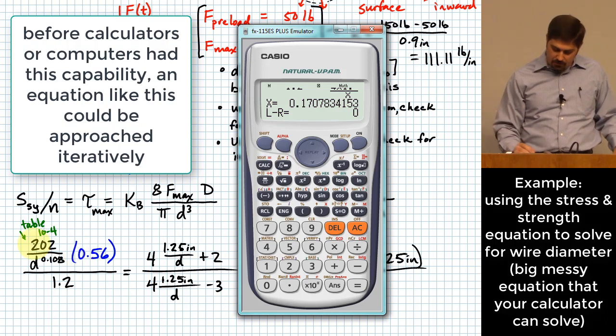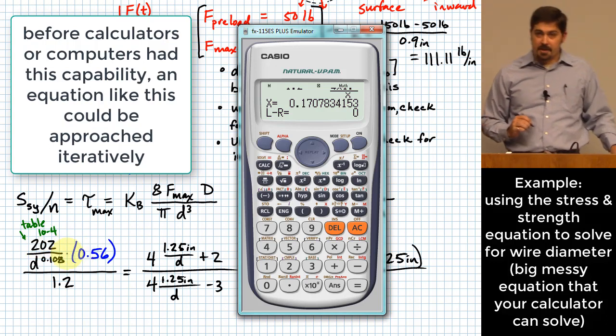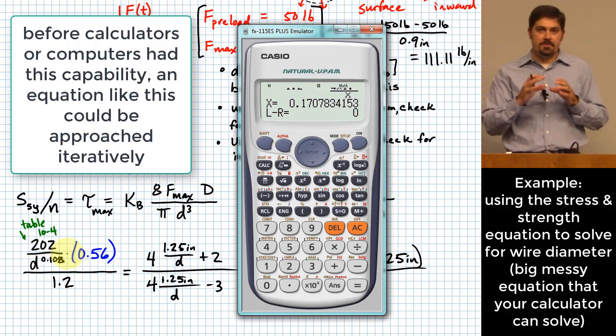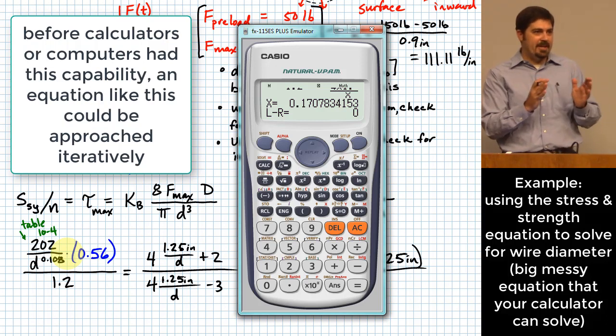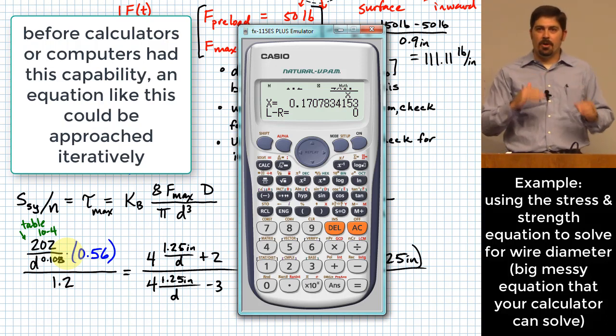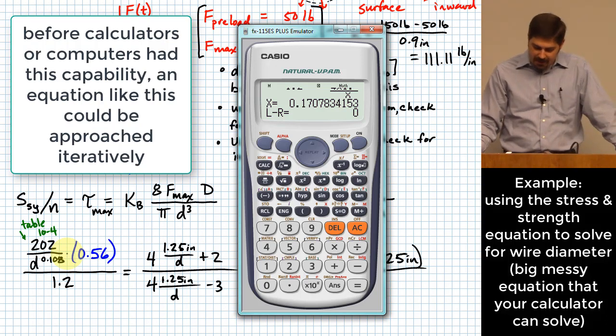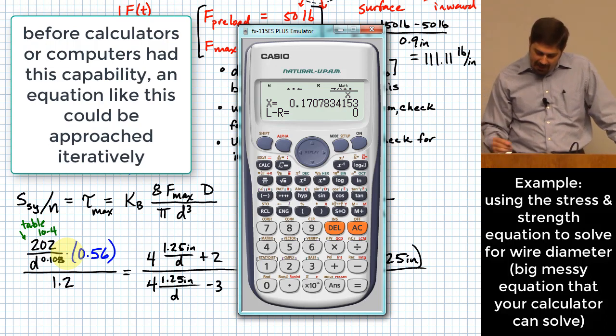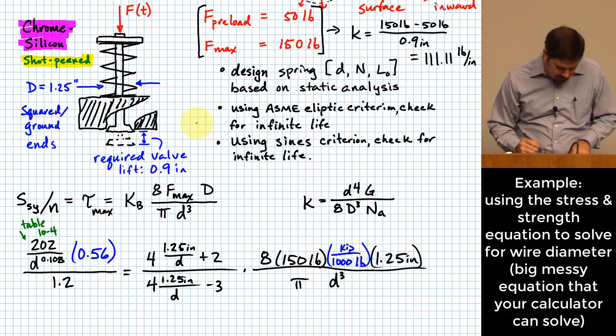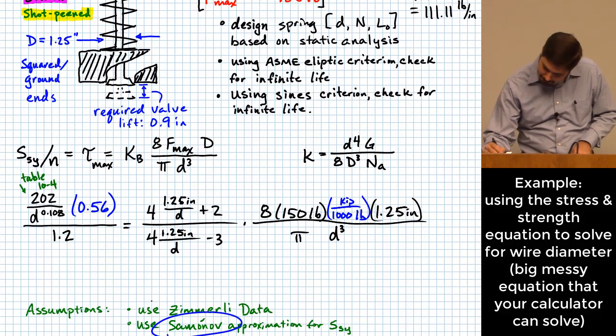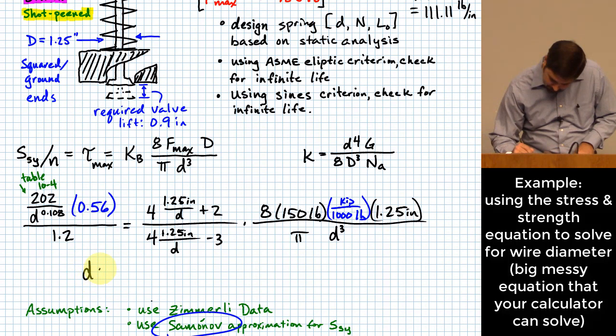Because the strength of the wire material doesn't change a lot relative to D, so you can kind of eliminate that and do a more iterative approach. But anyway, we have these really nice calculators, and that ends up allowing us to solve for the diameter. In this case, it comes out to be 0.1708, and that's in inches.